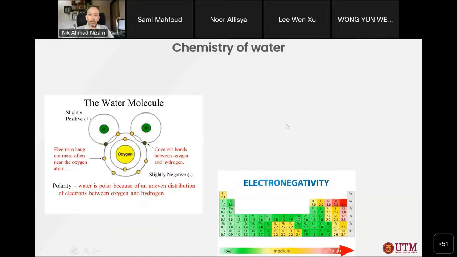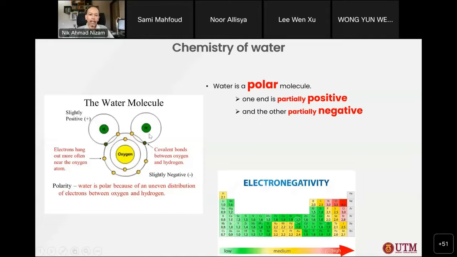Water is a polar molecule. Polar, berkutub, polar molecule. Why? Because one end is partially positive. Here, if you can see, the hydrogen is partially, or sometimes we call it slightly positive, and the other is partially negative. Slightly negative at the oxygen side here.